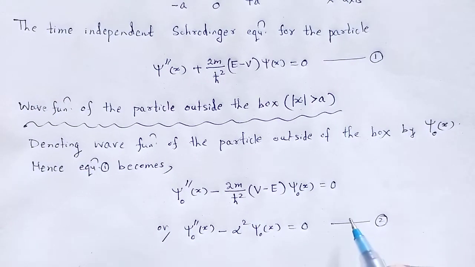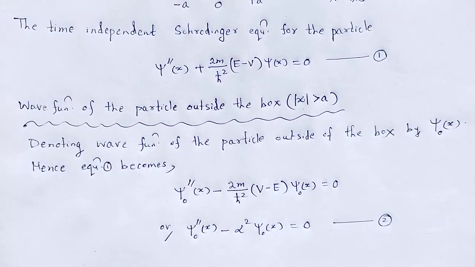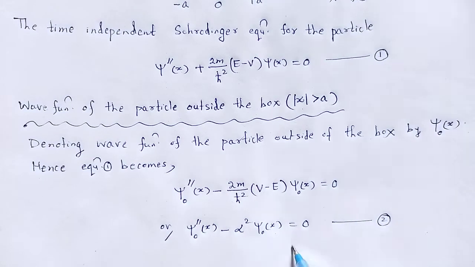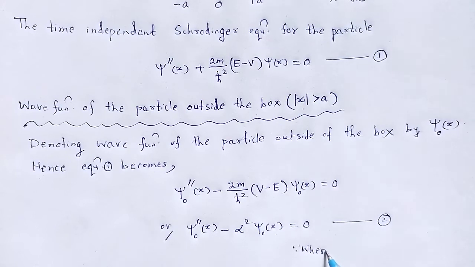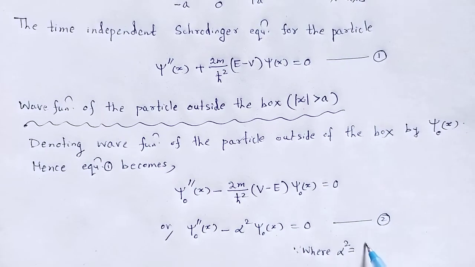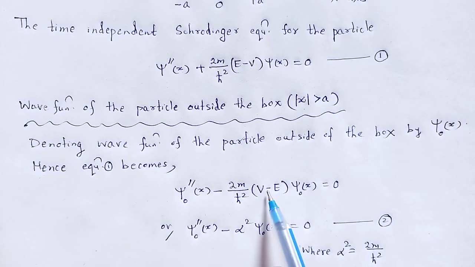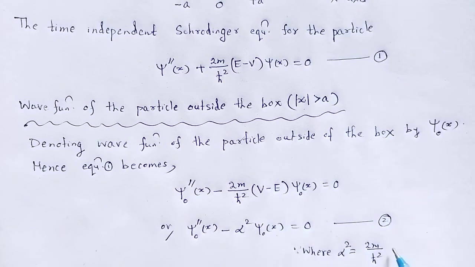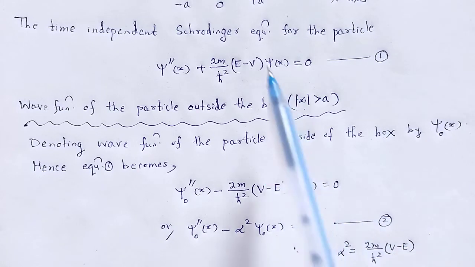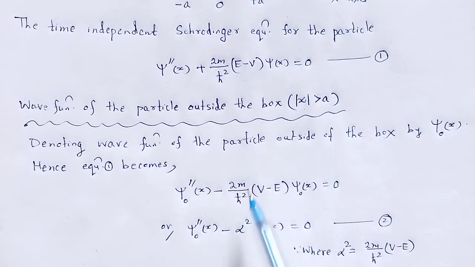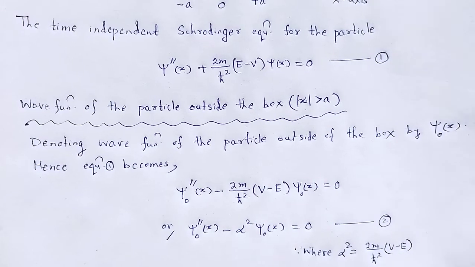That is equation number 2, where alpha square is 2m divided by h cross square, times V minus E. Here we take it as V minus E, not confused.